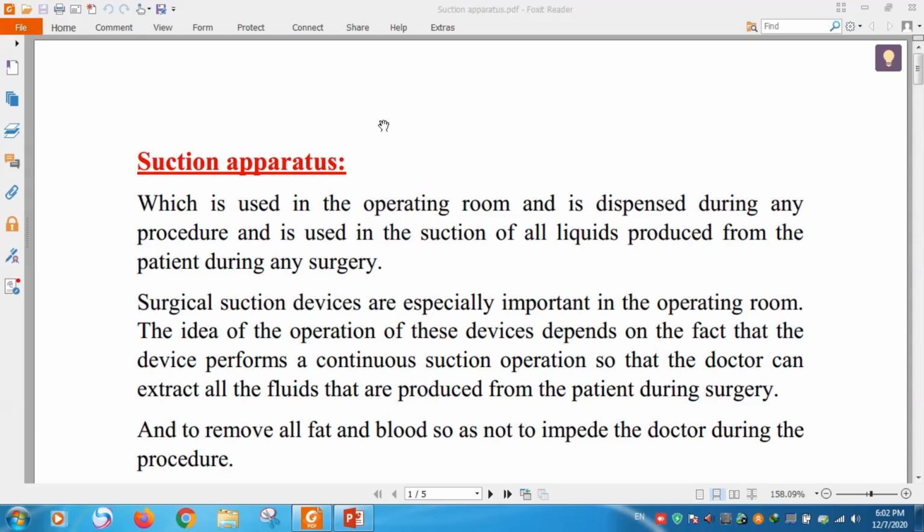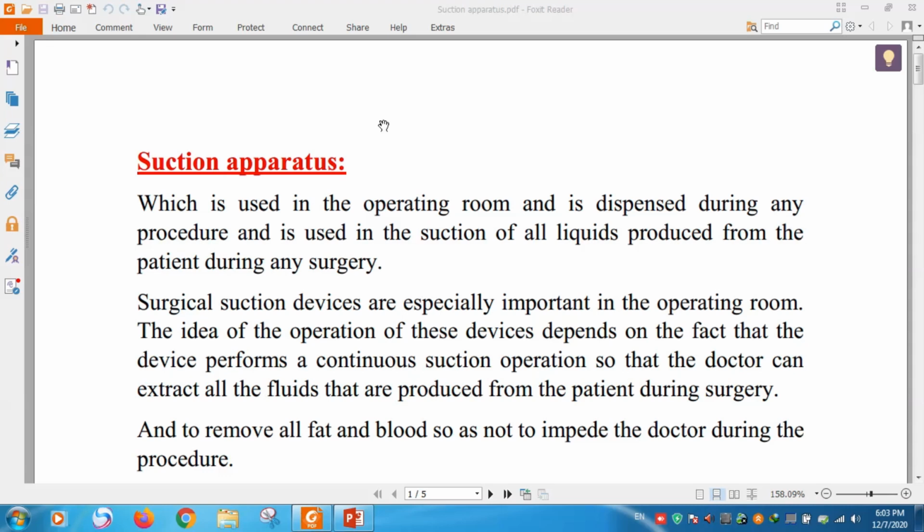This is a very important device or apparatus for us as anesthesia, because it is used in the operating room and in dispensing during any procedure, and is used in the suction of all liquids produced from the patient during any surgery. After any operation, surely you will see secretion or liquids or fluids in the mouth of the patient.